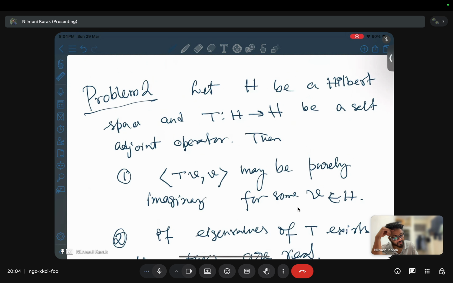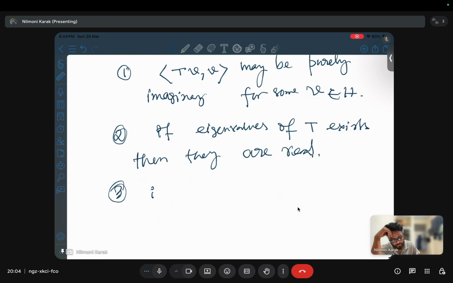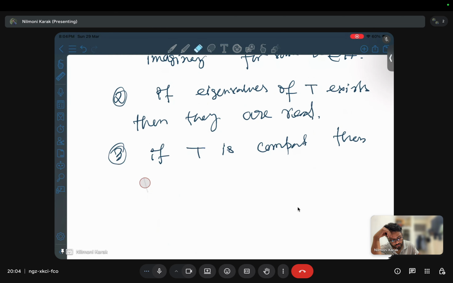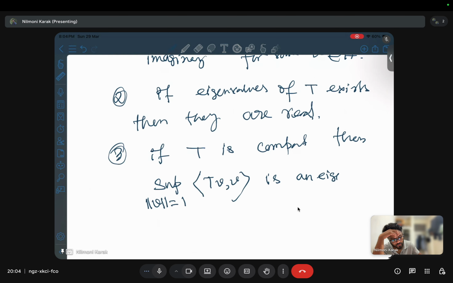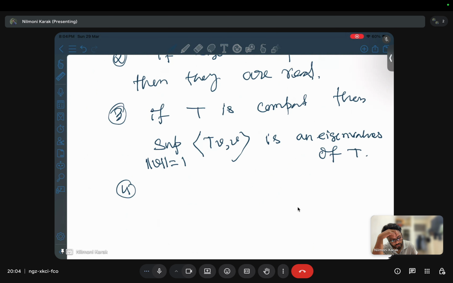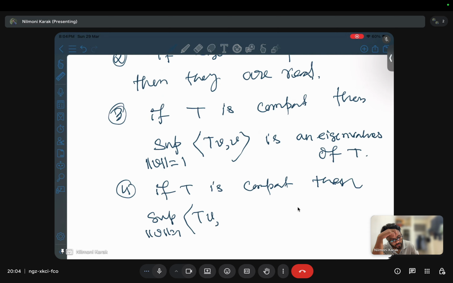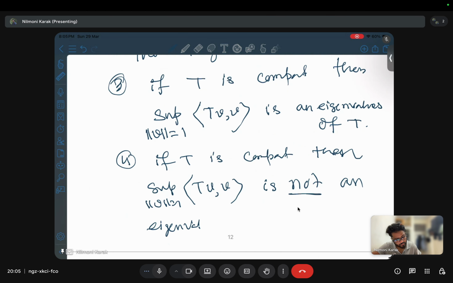Actually, this is the spectral theorem which we just have studied. Okay, if it is compact, then zero is not an eigenvalue of T.